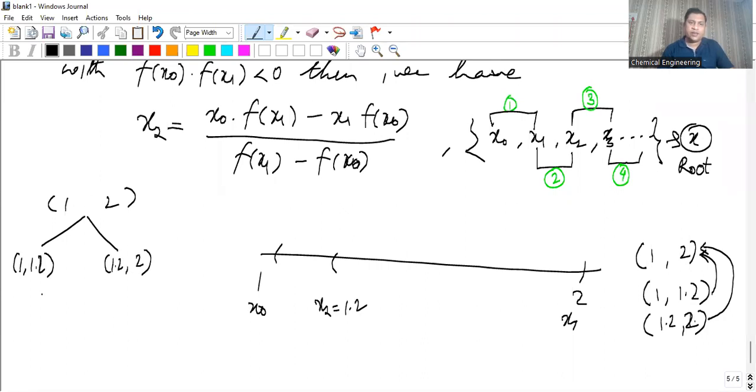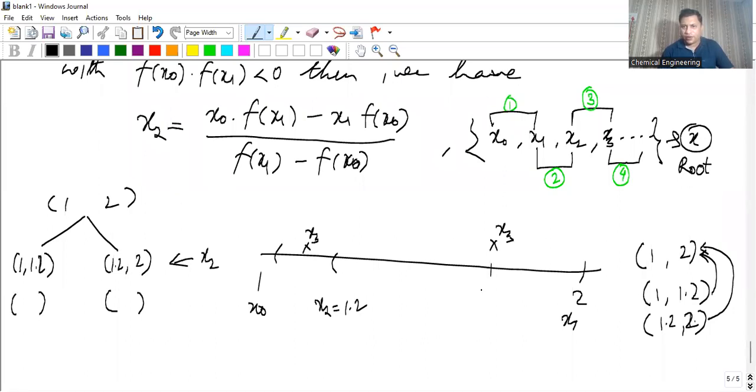Both intervals are inside. Now when we choose x3, it will lie in one of them.